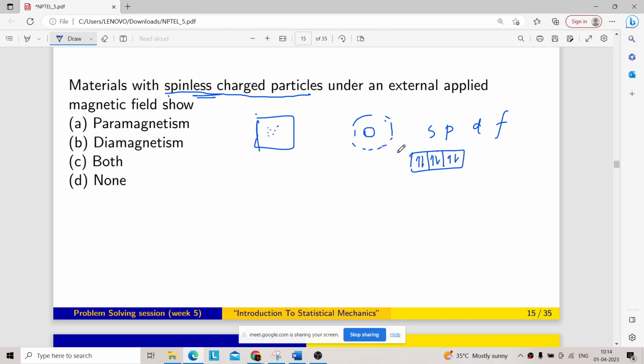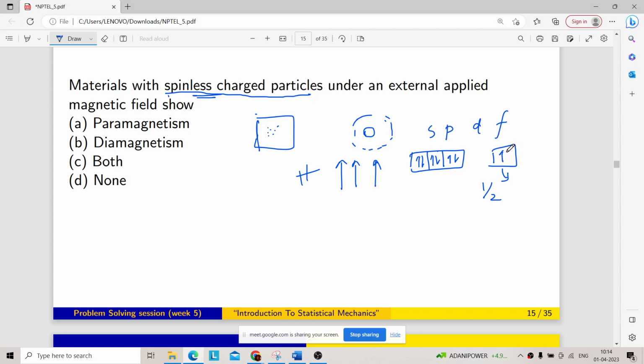So in that case, if an external magnetic field is applied, then what will happen? As there are no free electrons, if there is one electron like this, then we will consider this atom's spin to be half integer, because we have one free electron which is there alone.